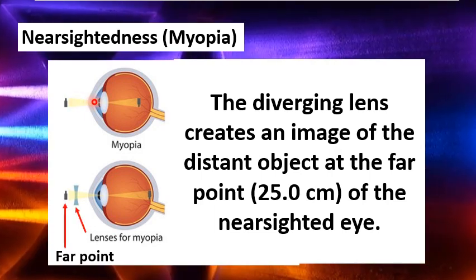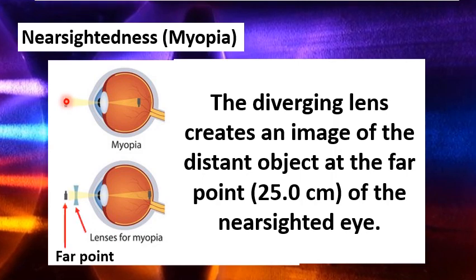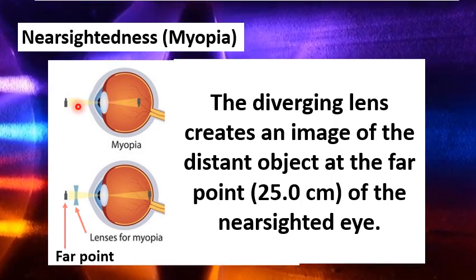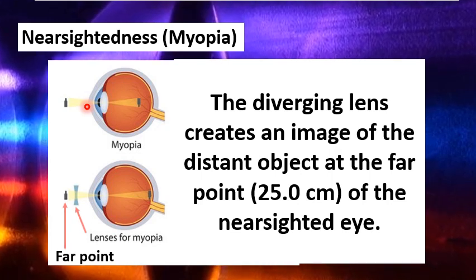That's why only objects that are closer to the eye, less than the far point distance, can be seen clearly.